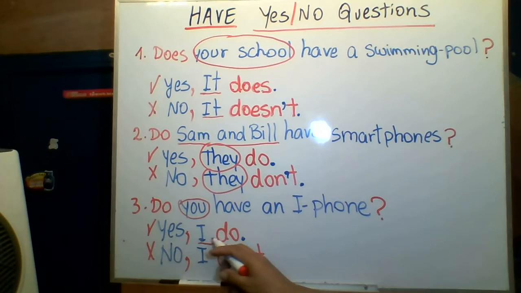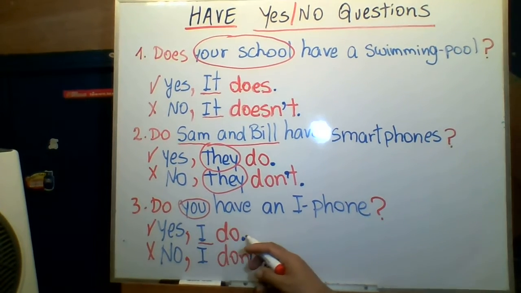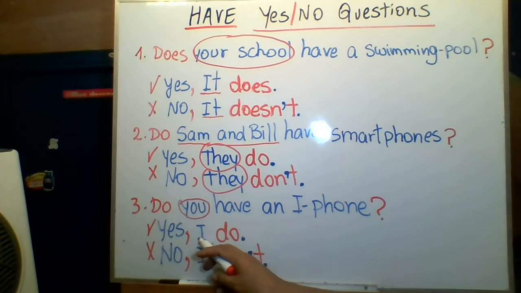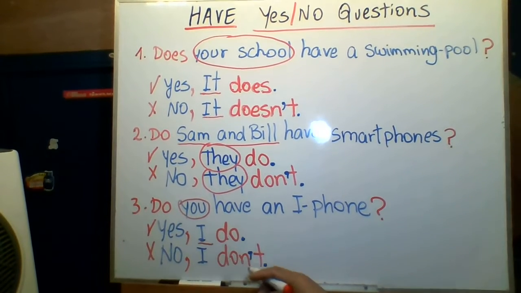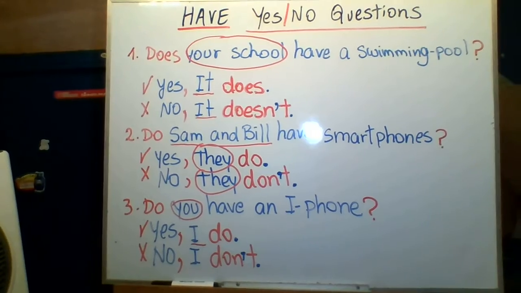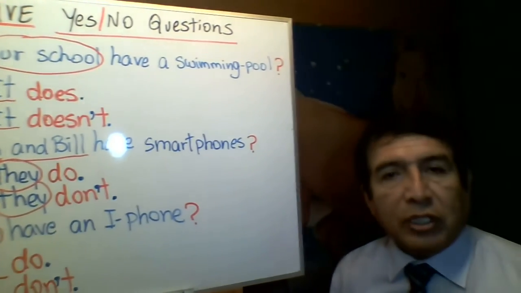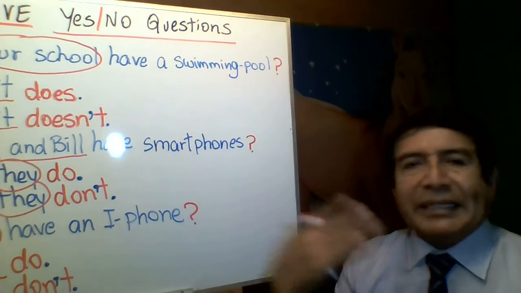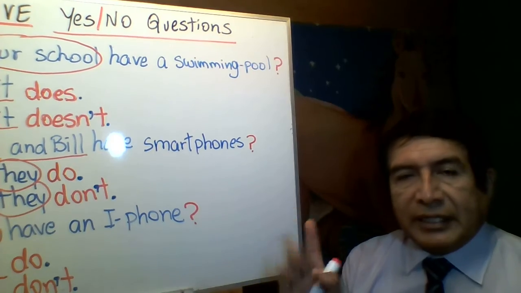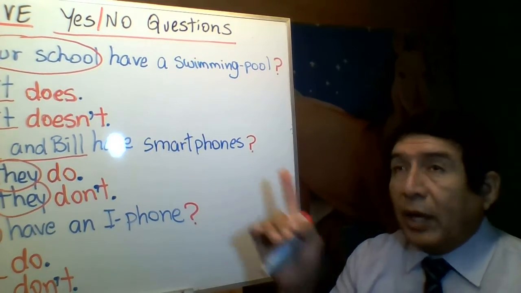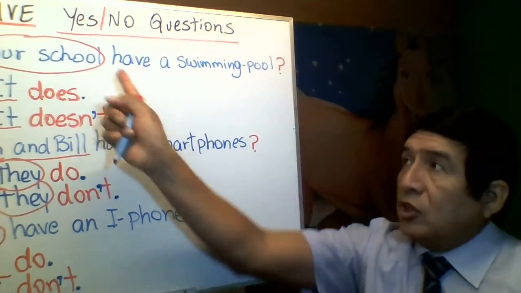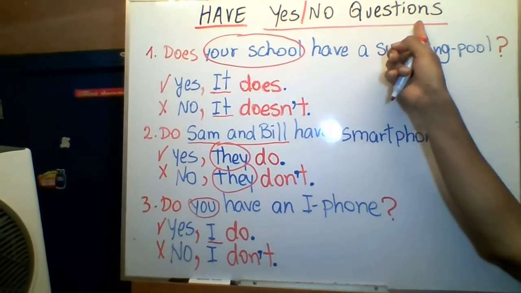In affirmative, yes, I do. In negative, no, I don't. Why do you use do or don't? Because I do, I don't. Affirmative or negative. As you can see, you don't have extra information. You just say yes or no. That's why these questions are called yes/no questions.